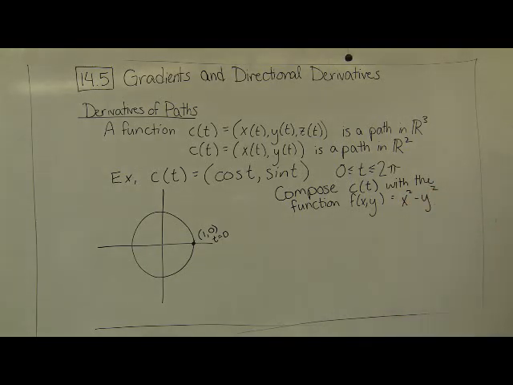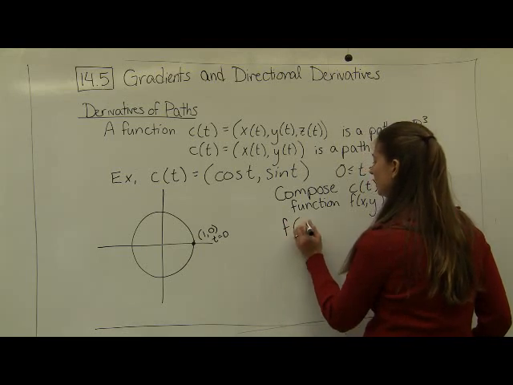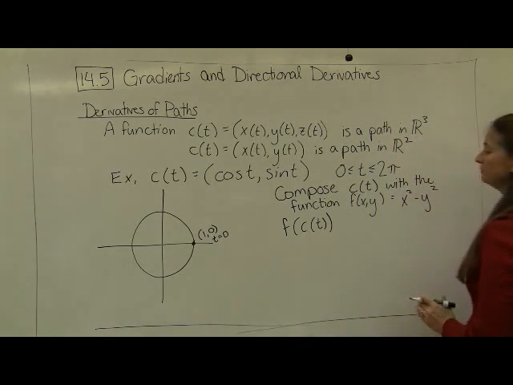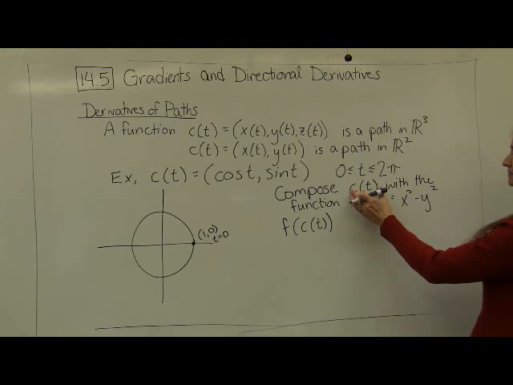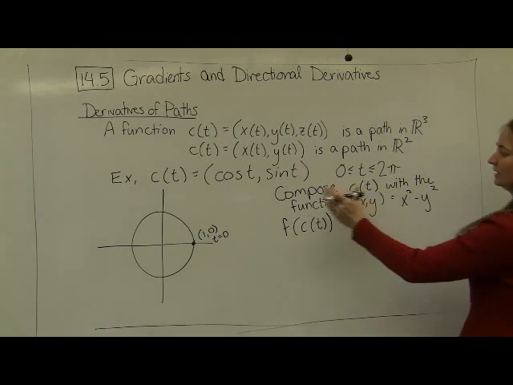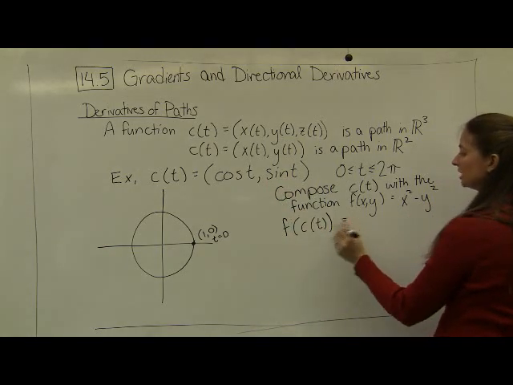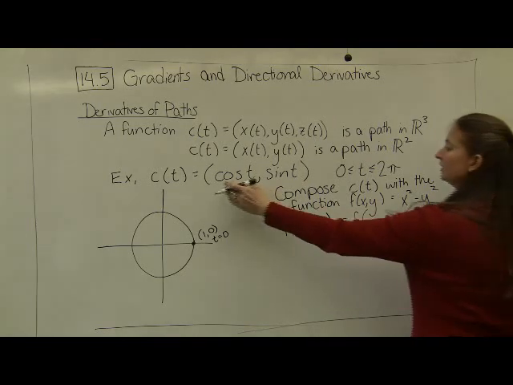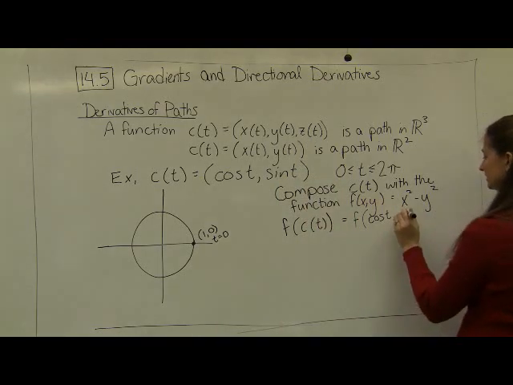So what does it mean to compose a path with a function? Really what I'm writing is I'm looking at f of c of t, meaning I'm plugging in c of t as an input into this function. And that makes sense because the output values in this case are both x's and y's. So algebraically, looking at this example, we see that my output is going to be f of the cosine of t, comma, sine of t.